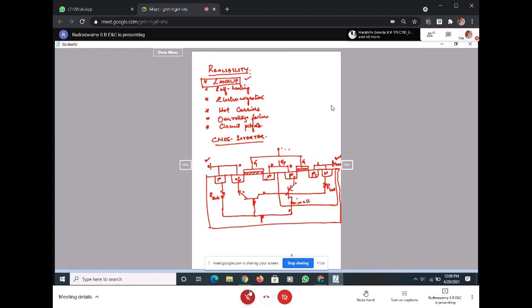Hope this is fine. Yes, this is exactly the connection we get. So there is a substrate resistance offered by the wafer, an N well resistance, that is R well, a PNP BJT existing between the PMOS and the P substrate, and an NPN BJT formed between the NMOS and the N well region. Hope this is fine now.